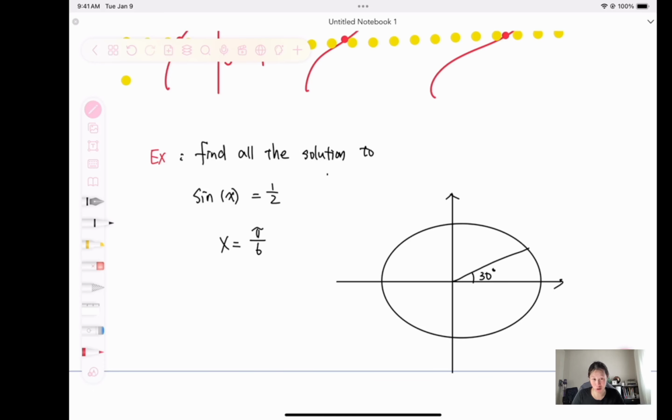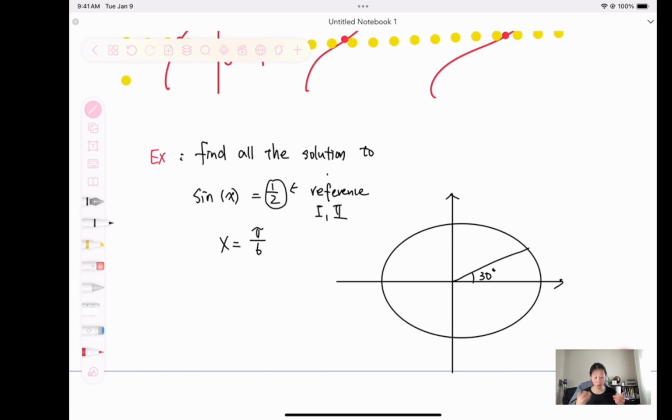What would be the other solution? Well, think about when sine x equals 1/2. This gives us the reference angle, right? The value of the reference angle. And also, if sine x is positive, that means it could be in the first quadrant and the second quadrant.